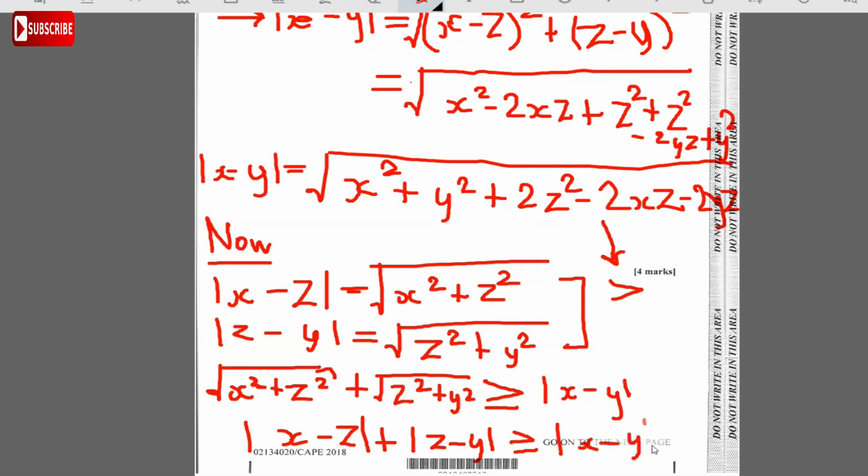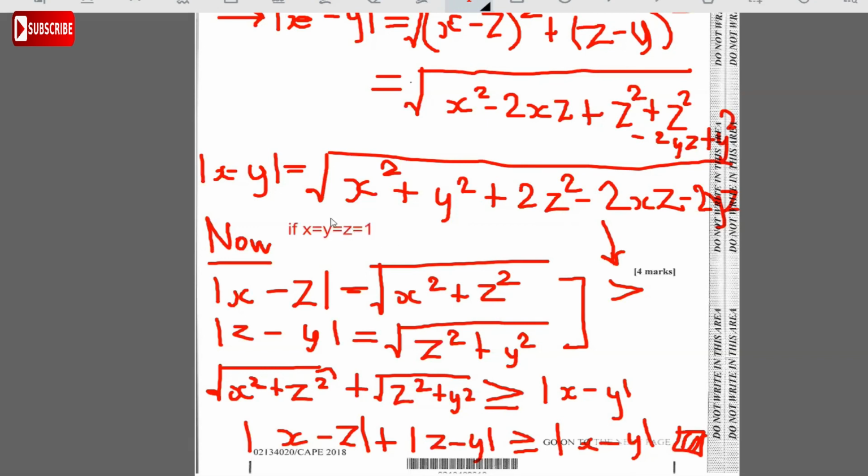Nice and easy. Now what you could do is even test it. Let's say x, y, and z were all 1. If x equals y equals z equals 1, look at this.